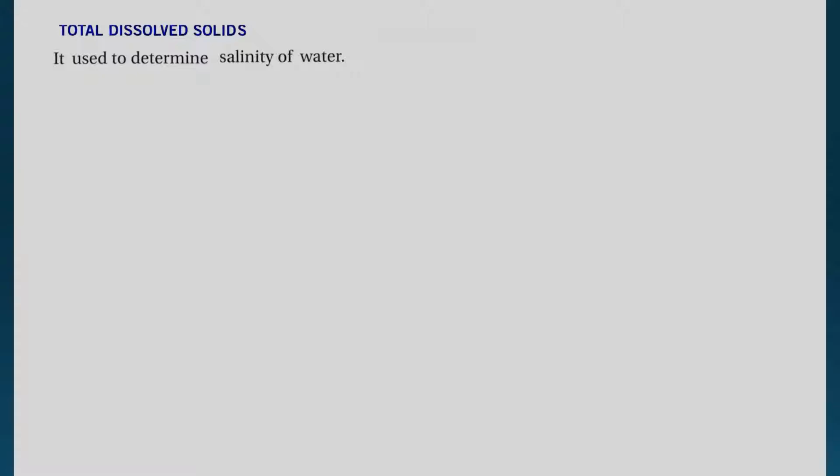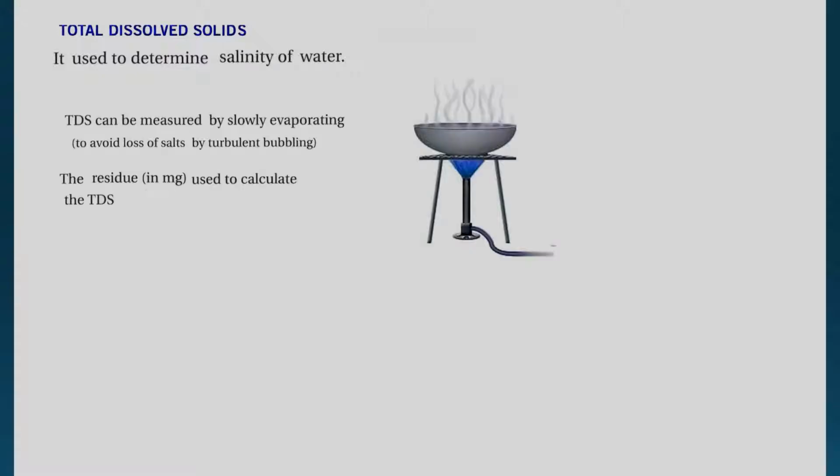Total dissolved solid is to determine the salinity of water. Salinity, saltiness, NaCl. You can use an evaporation basin. Evaporate slowly, do not bubble, because if you're bubbling, some NaCl will also evaporate.